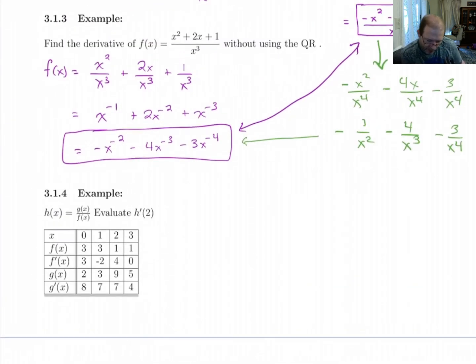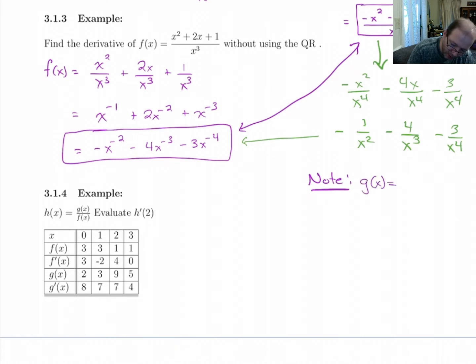Okay. One thing I want to mention, though, is if you had something like g of x equals x squared plus x plus 1 over something, where what you have in the denominator were something like x squared plus something, you would have to use the quotient rule on this.